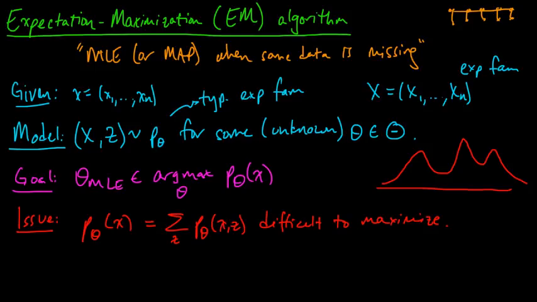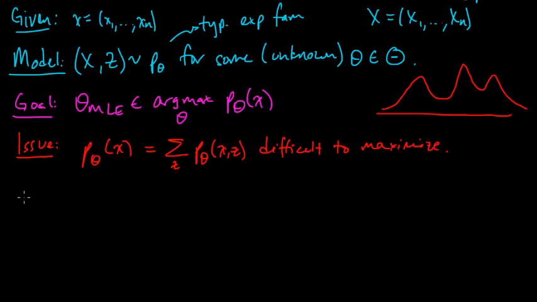So what's the solution? The solution, according to EM, there are other solutions, but the EM algorithm addresses this by iteratively improving your estimate of this parameter theta in the following way.